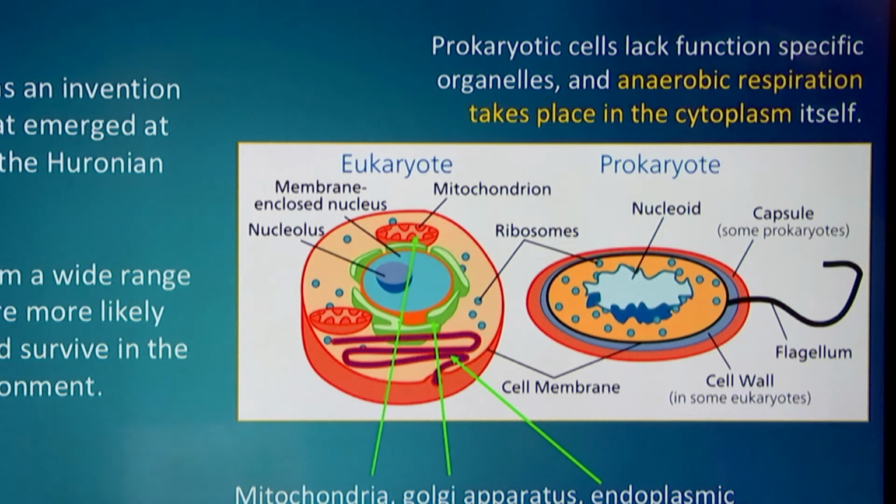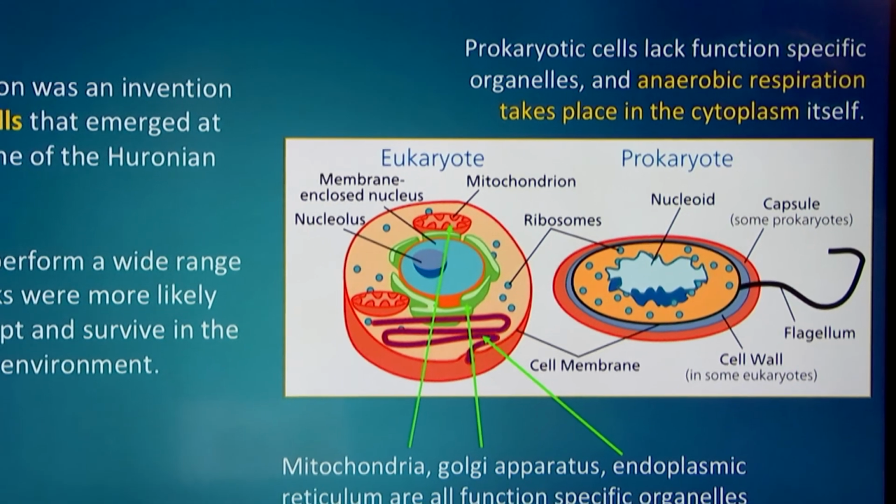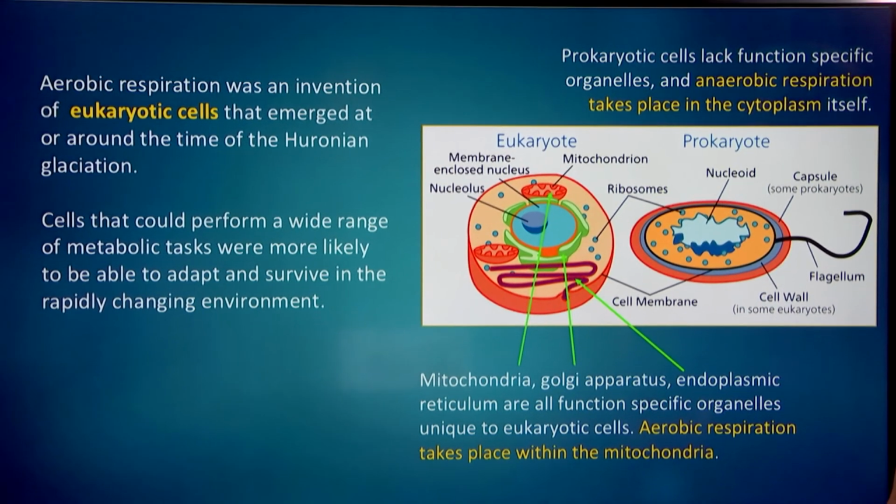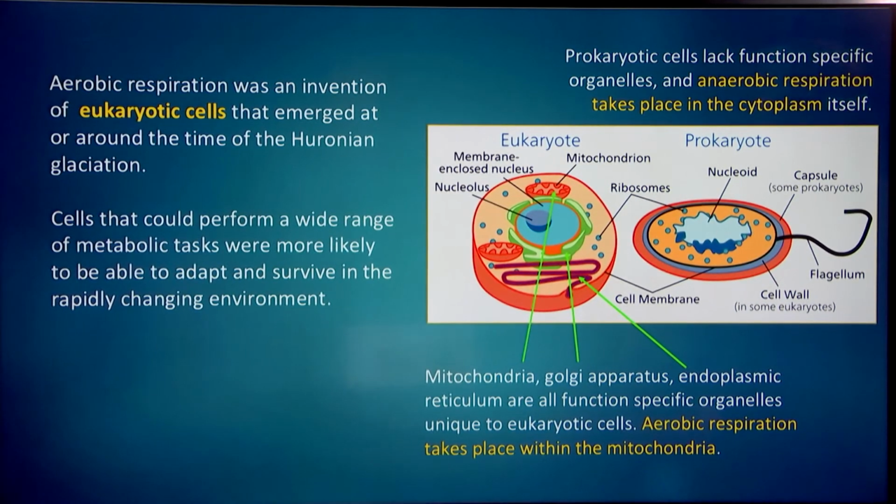Prokaryotic cells lack specific function organelles, and anaerobic respiration takes place in the cytoplasm itself. So as soon as you have eukaryotic cells and aerobic respiration, you can start to differentiate the function of cells, and a wide variety of cell types evolve with specialized functions in the organism.